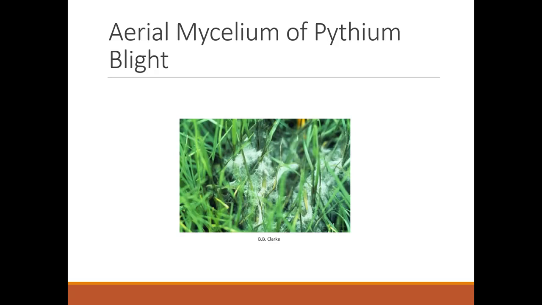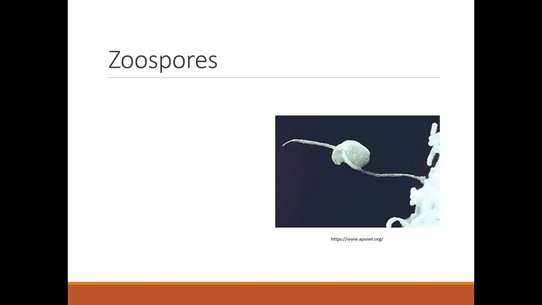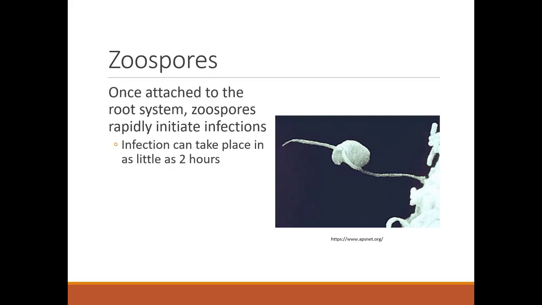Here's mycelium. Mycelium is the vegetative part of the disease. Here is zoospores. Once they attach to the root system, they initiate infections very quickly, and this can be as little as 2 hours.